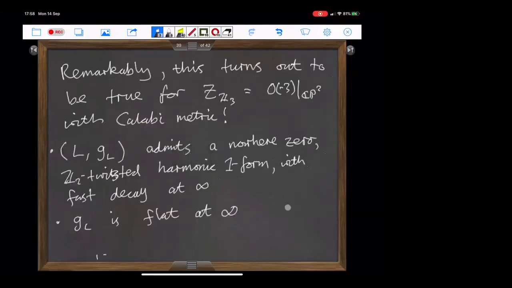And somewhat remarkably, all of these things turn out to be true for the example that we are studying. So I'm not going to give any details here, but this space admits a nowhere zero Z2 twisted harmonic 1 form with very fast decay at infinity, and the induced metric is flat at infinity.